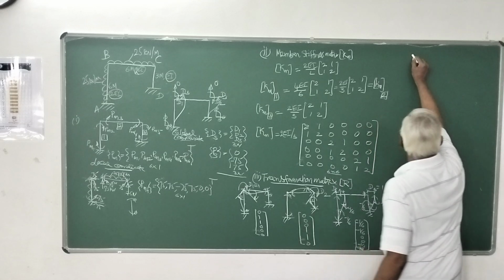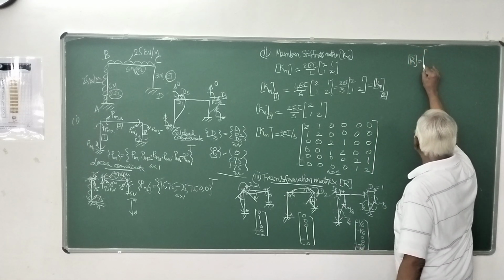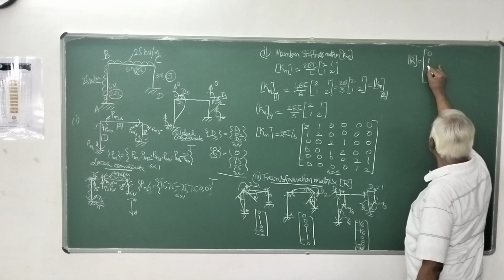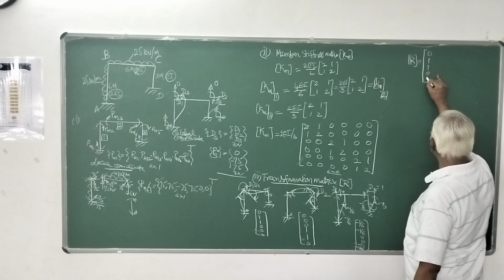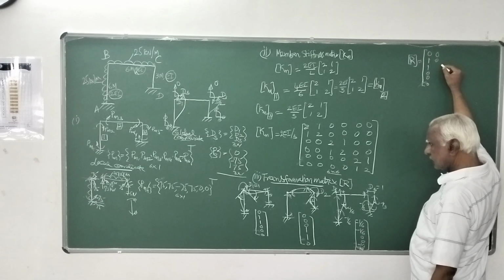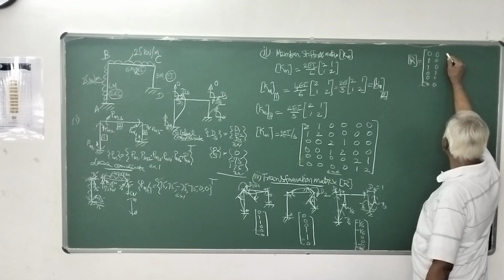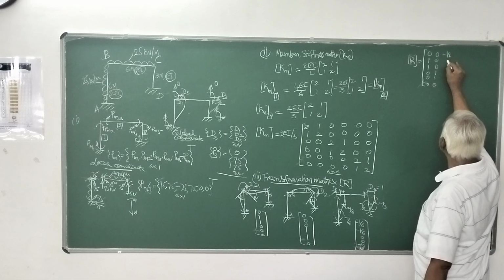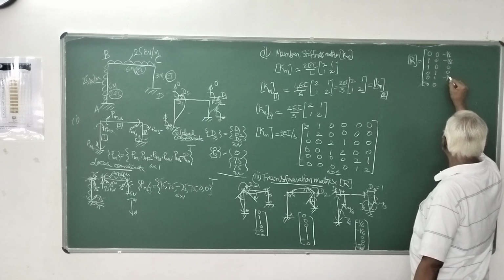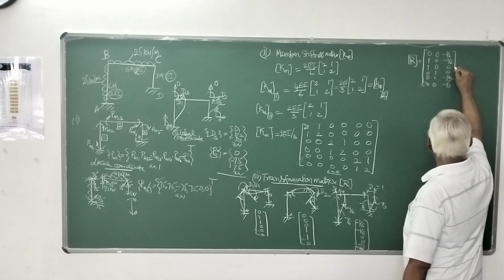So the rotation matrix now, finally, you get first column 0, 1, 1, 0, 0, 0, then second column 0, 0, 0, 1, 1, 0, then minus 1 by 6, minus 1 by 6, 0, 0, minus 1 by 3, minus 1 by 3.